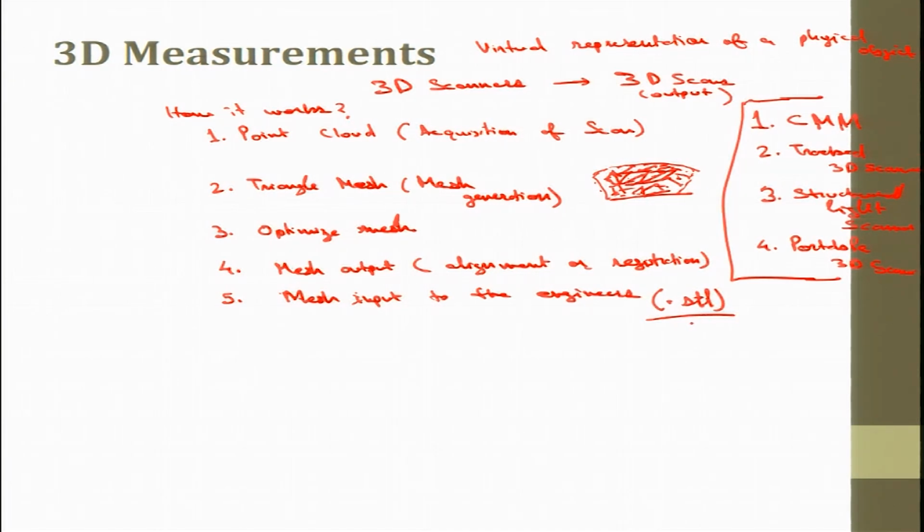If not, the work can still go on. CAD modeling can be produced out of this. So this was the brief introduction to 3D scanning. Next, where does 3D scanning apply? The major application is in reverse engineering.